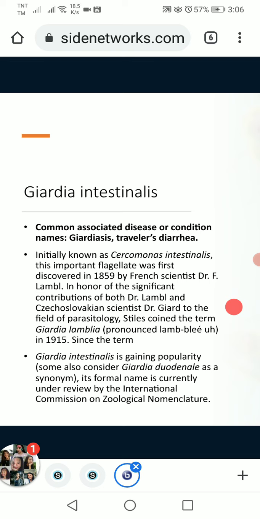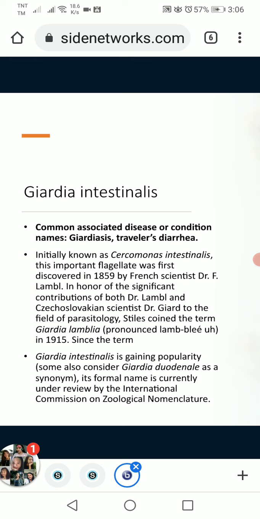So, because of the contributions of these two scientists, class, they named the parasite after them, Dr. Lambl and Dr. Giard. Kaya nga sa time namin, it was named as Giardia lamblia. Pero now, it was in 1950 when they named the parasite Giardia lamblia.